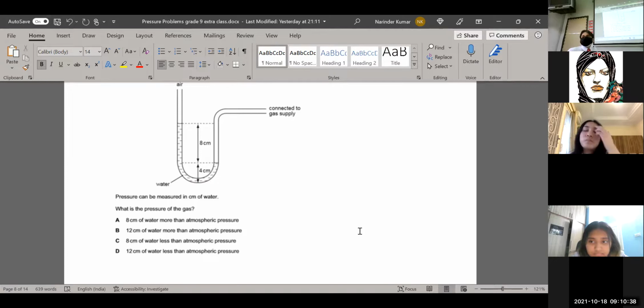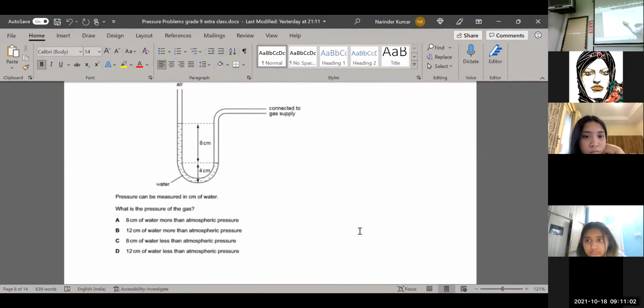Yeah, it's A. Actually, if you are struggling in this question, children, don't get confused with this 4 centimeter of height, because we take the pressure difference due to the top position here and the bottom one. So that height difference is 8 centimeter. It's not 8 plus 4. Maybe sometimes they can ask, what is the pressure at this point?